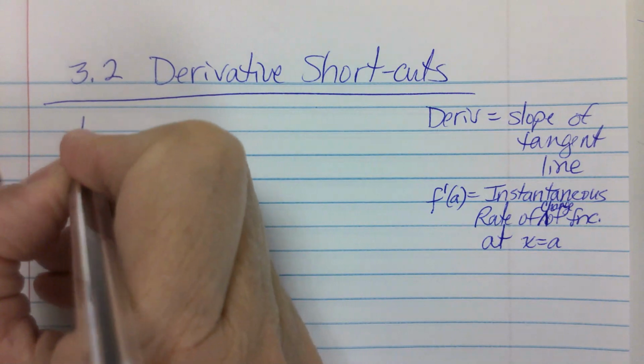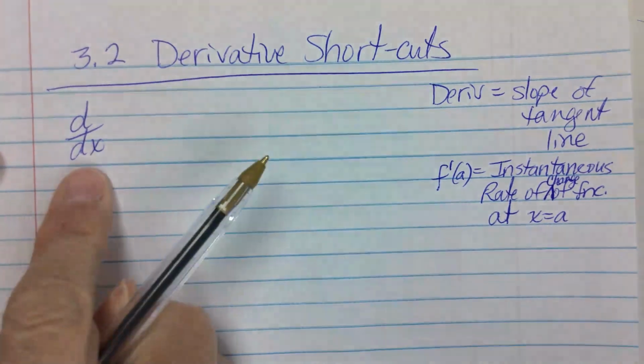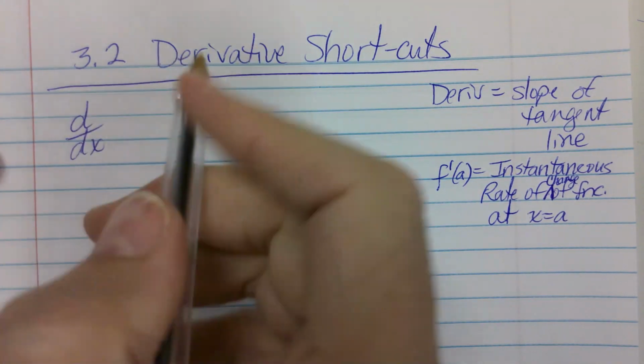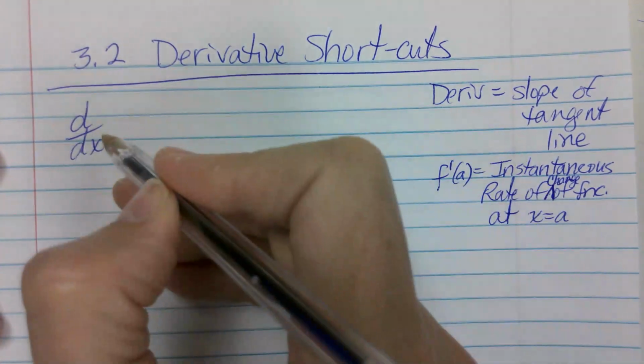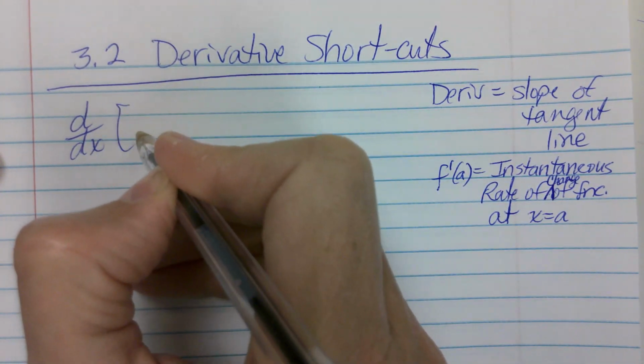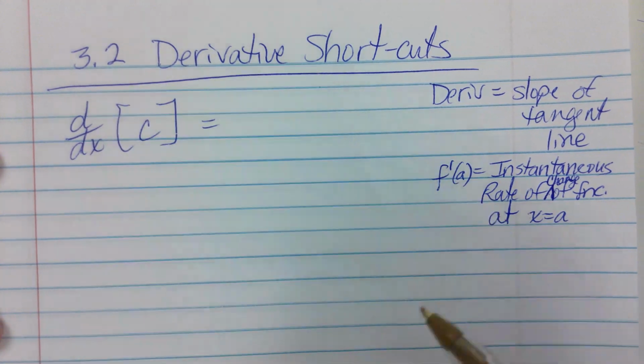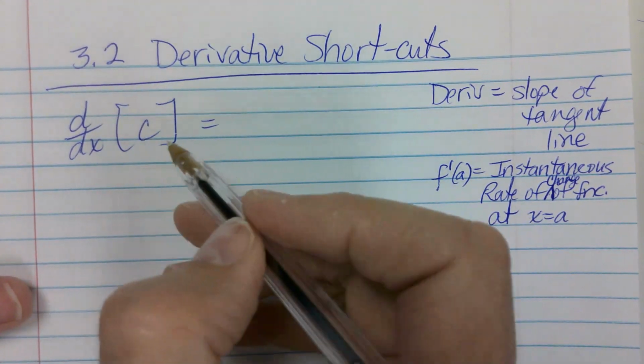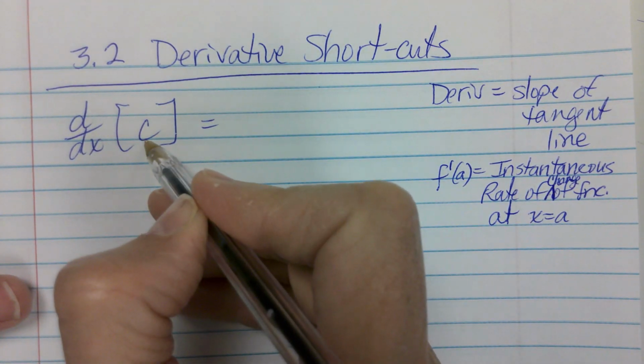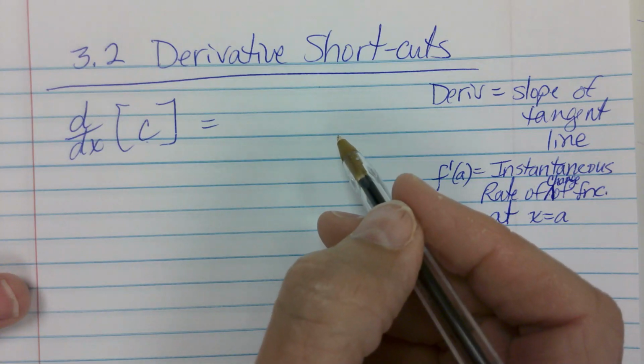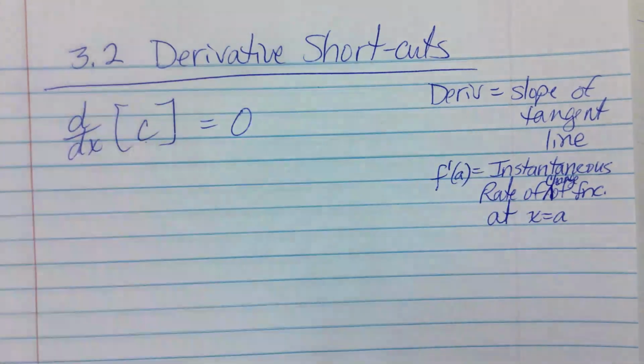But let's just use the terminology that's on the calculator. This also means derivative, right? And Tony told us the derivative of any constant has got to just be what? We did it in our examples.